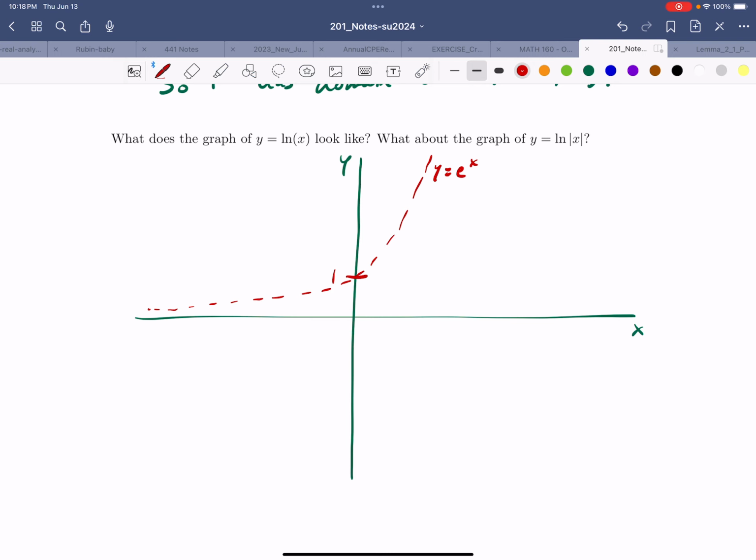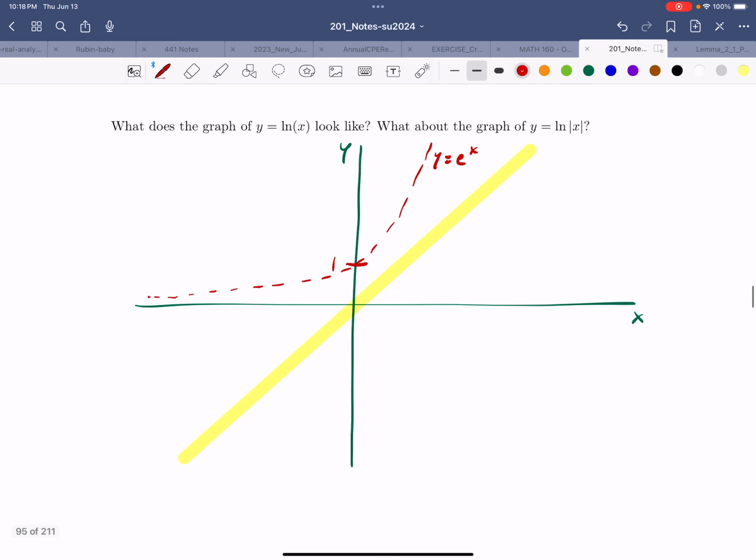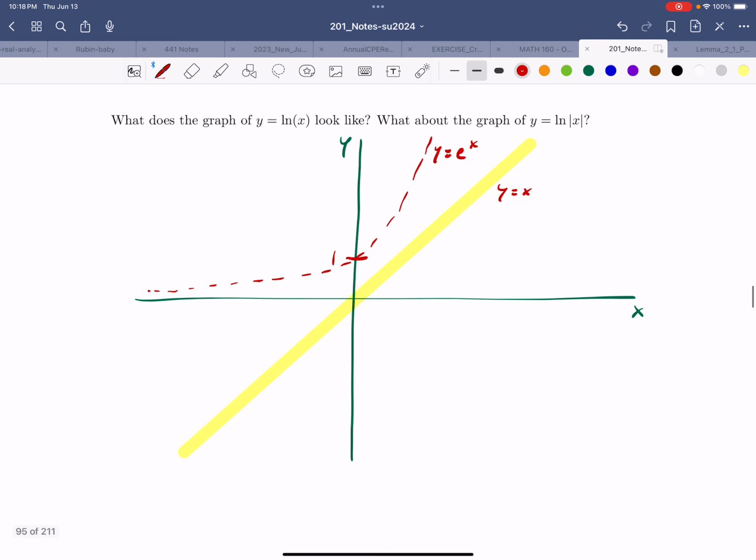Now, ln is the inverse function. Do you remember how inverse functions work, how their graphs work? The graphs of inverse functions reflect about the line y equals x. So if you just turn your paper diagonally and reflect it, you get this.